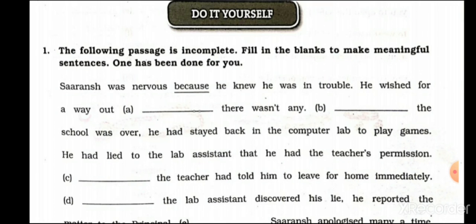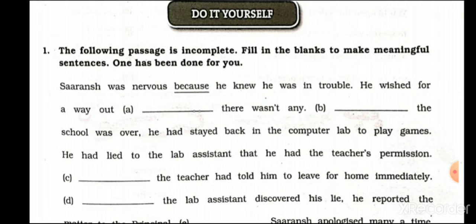However, the teacher had told him to leave for home immediately. And when the lab assistant discovered his lie, he reported the matter to the principal. Like this students, read this worksheet and try to complete it by using linkers.